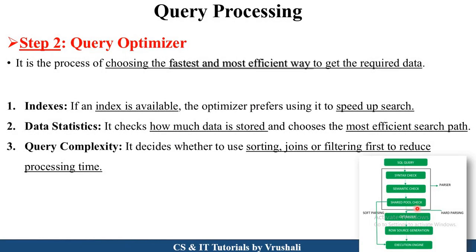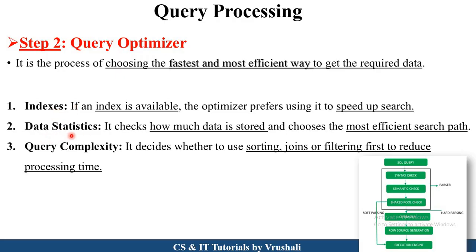Now, the next one is the query optimizer. Basically, the query optimizer works like the brain of query processing. It chooses the fastest and most efficient plan to execute the query. For that purpose, it uses different techniques. Suppose an index or primary key is available in your query. That makes it easy to search or fetch the data, right?